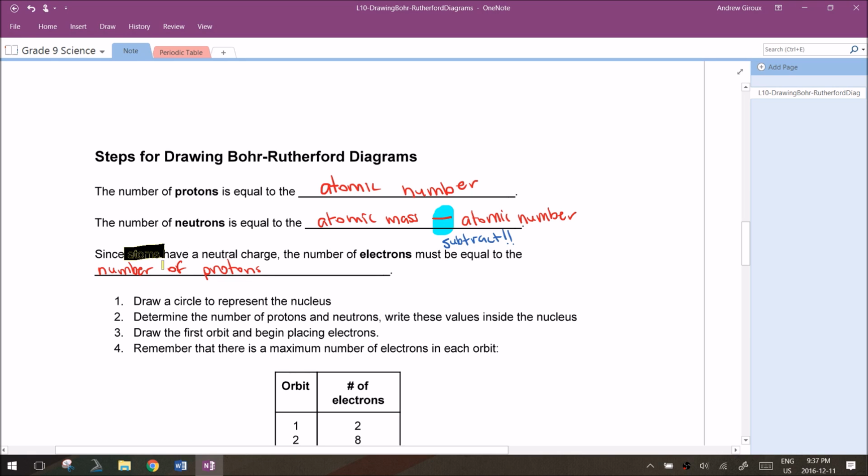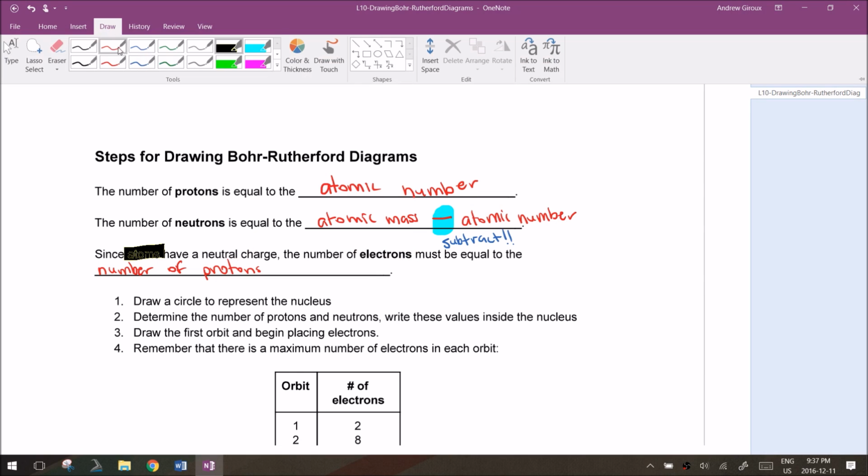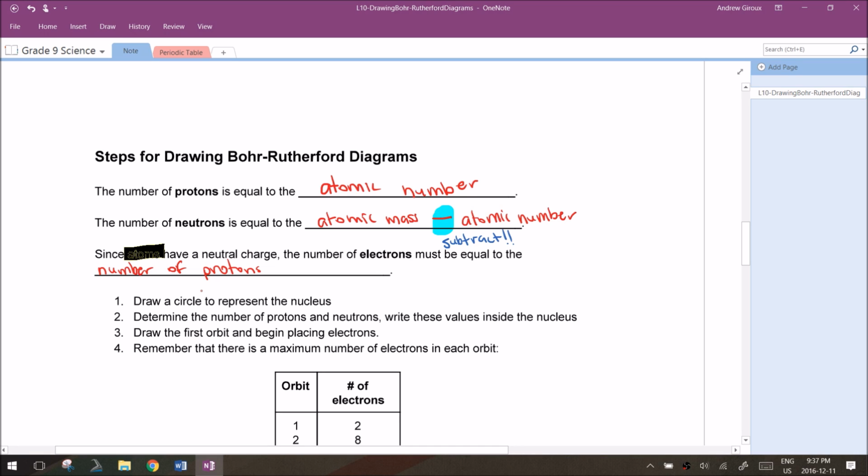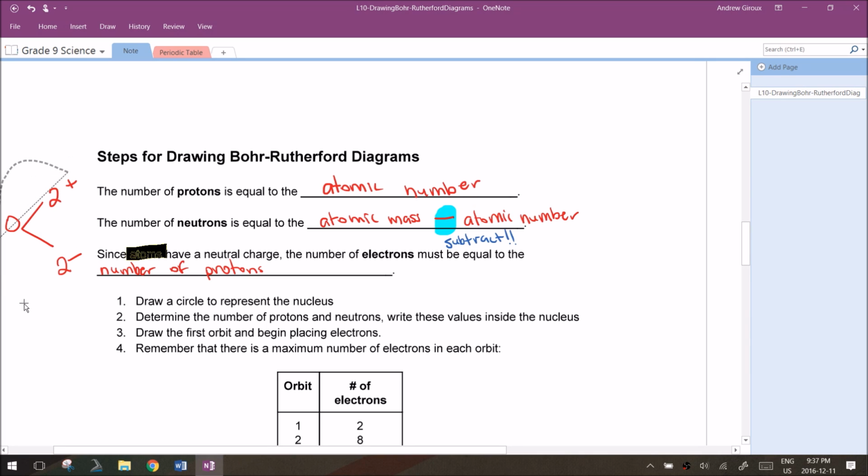They're slightly different, but when we talk about atoms, the number of protons is always the same as the number of electrons, so that there's no overall charge. There's an overall charge of 0. So if we have, let's say, 2 protons, which are positively charged, we have to have 2 negative charges to balance that out to give us 0, which is an overall neutral charge.